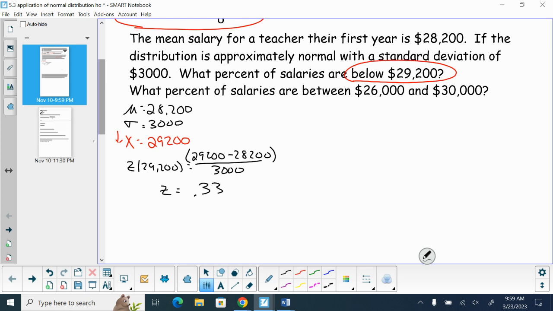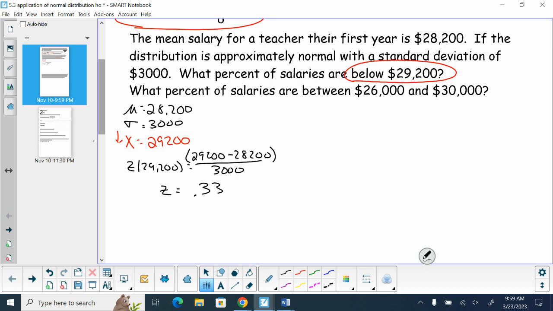It should be just 0.33, because this comes down to 1,000 divided by 3,000. You should get 0.33.